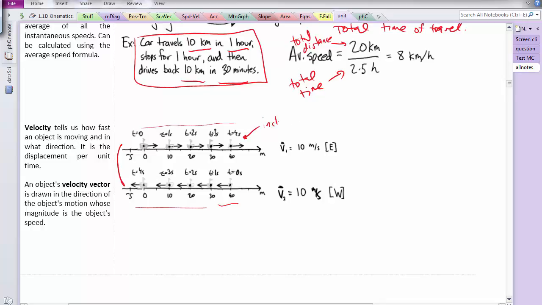So include velocity vectors in motion diagrams.